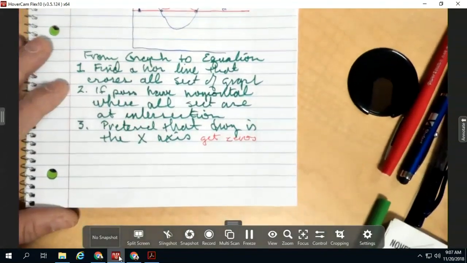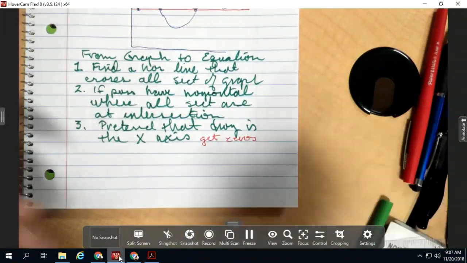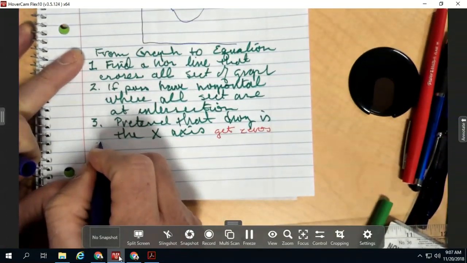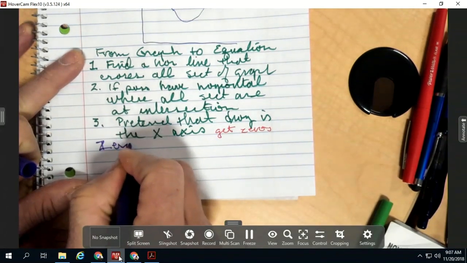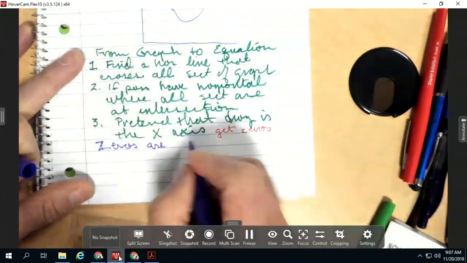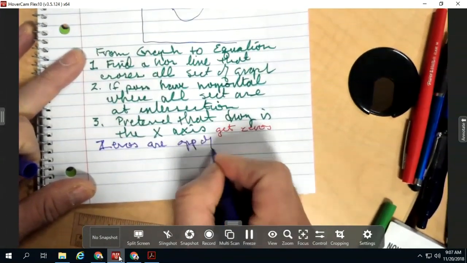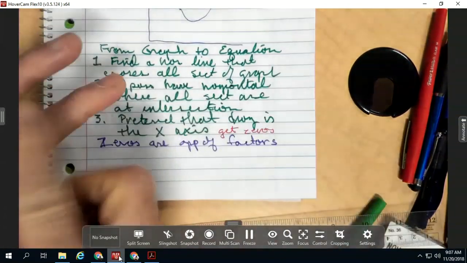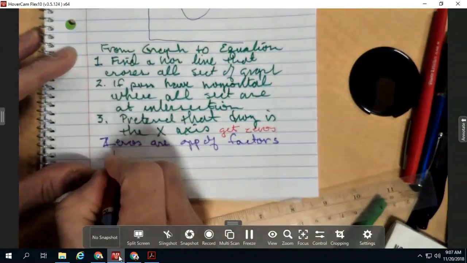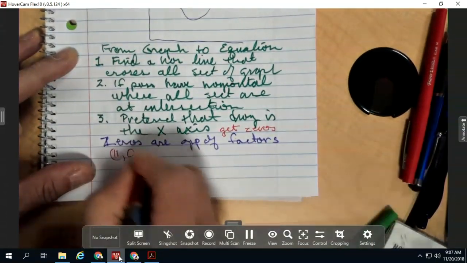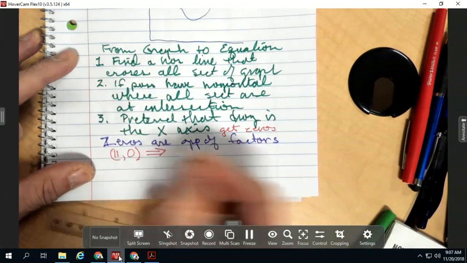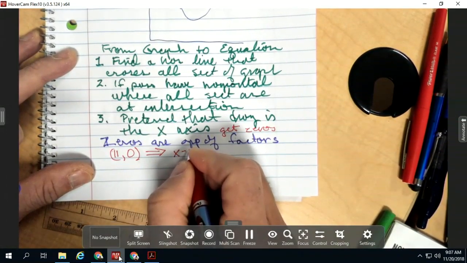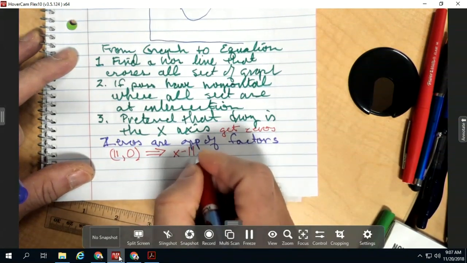20. Now, here's an important truth of math. Zeros are opposite of factors. So, 11, comma 0 corresponds to the factor x minus 11.